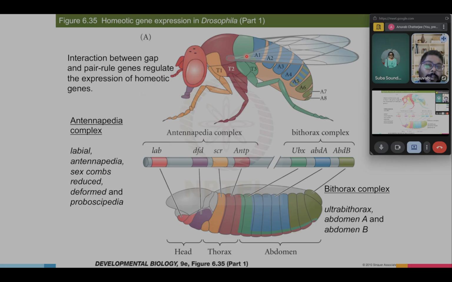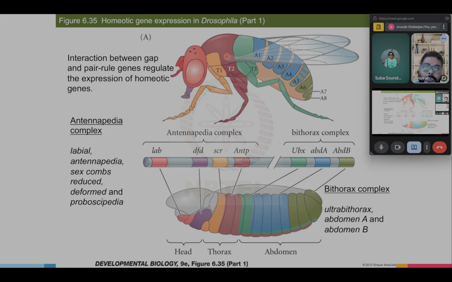So whichever gene is expressed in the posterior can take over and start expressing its own properties if it is there. If it is not there, then the anterior gene takes over and forms the region it wants to form. So ultrabithorax not being there, the entire thing will be antennapedia, so T2. If ultrabithorax is expressed here, antennapedia is kicked out and only T3 will be expressed here.